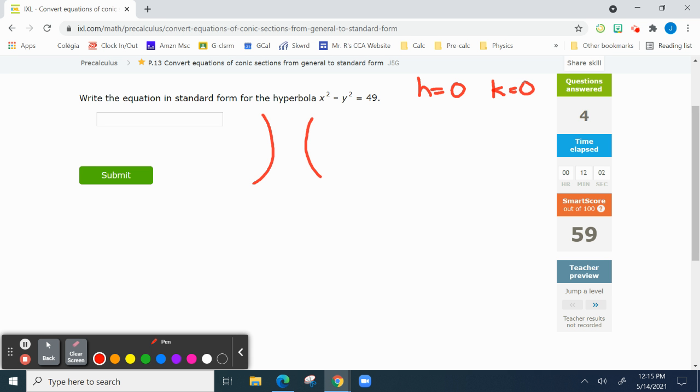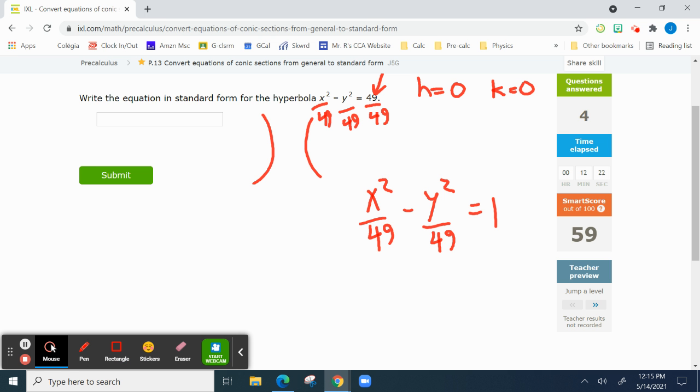And all we got to do, we got to get a 1 right here, right? So how do we get a 1 there? We divide that by 49, which means we're going to divide that by 49 and that by 49. So we got x squared over 49 minus y squared over 49 equals 1. And that's all we have to do there.